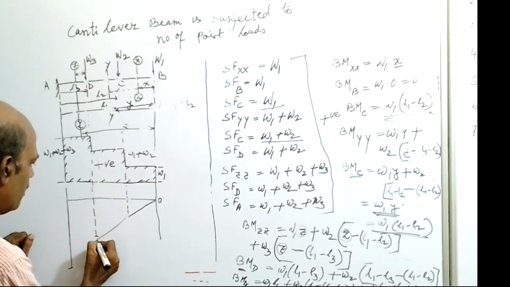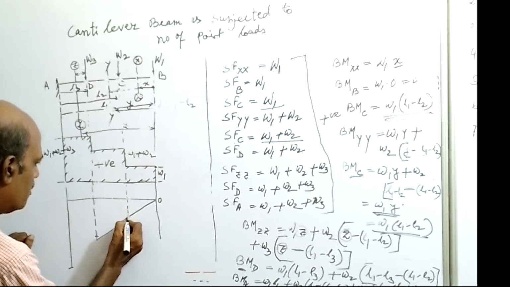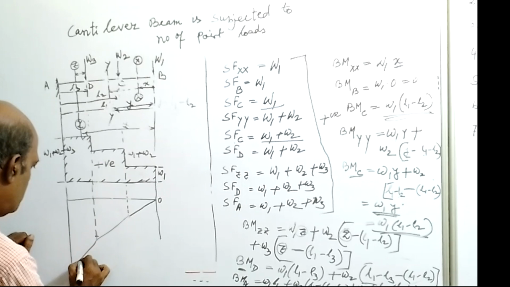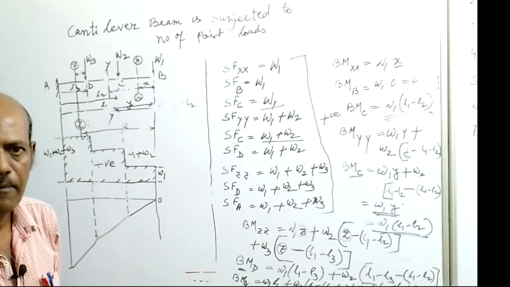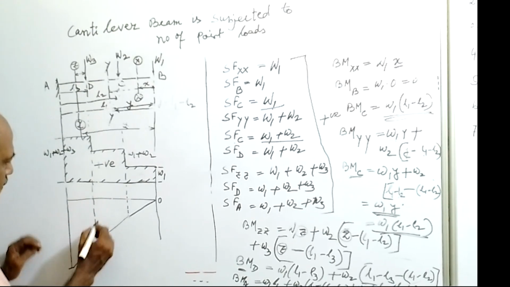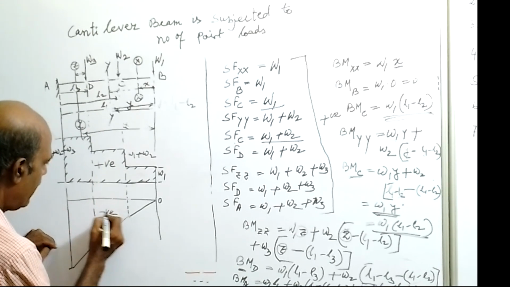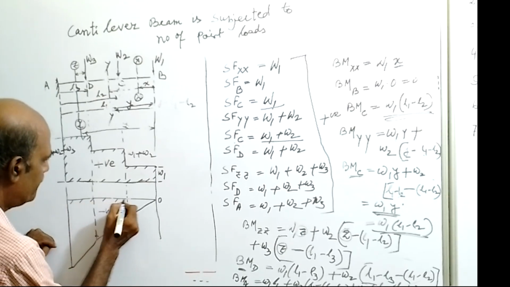So just join these points. So this will be the bending moment diagram when the cantilever beam is under multiple loads, and put here negative and put the hatching mark.